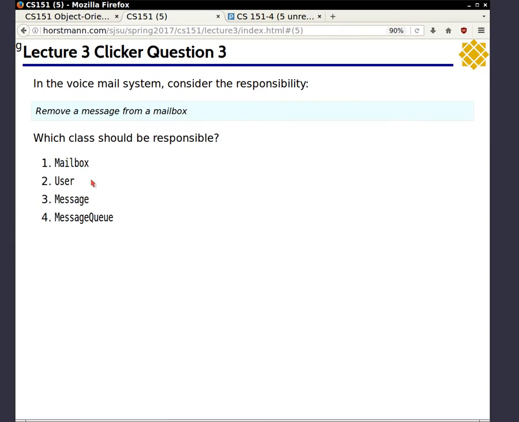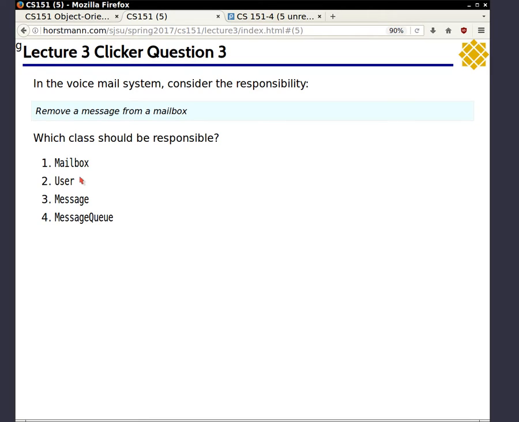So let's see why. So mailbox seems like a good candidate, right? Because a mailbox manages its messages, so it presumably has a way of removing a message from its internal storage. For a user, I don't see how that could possibly work, because what's a user? User is something that has a username and login and stuff.